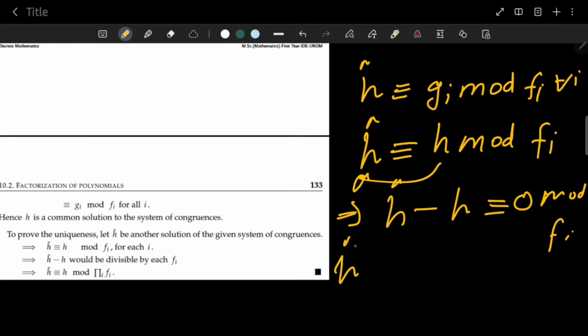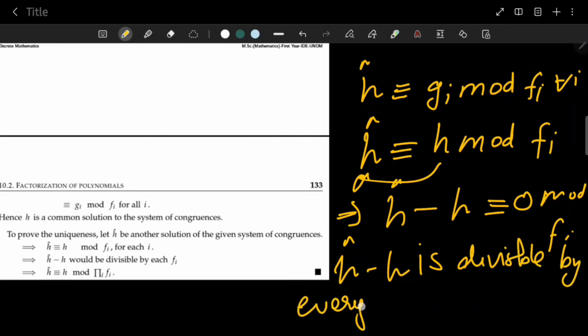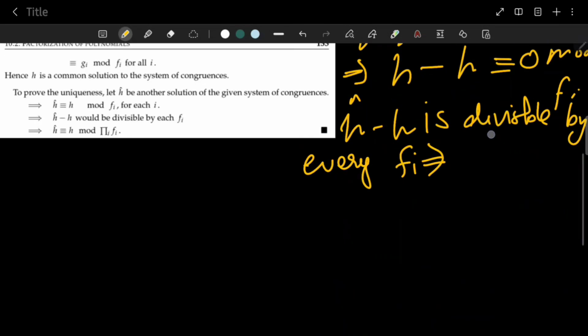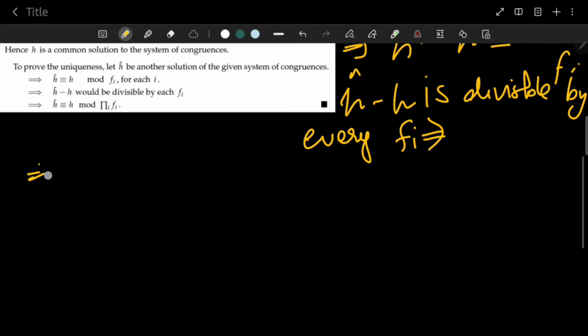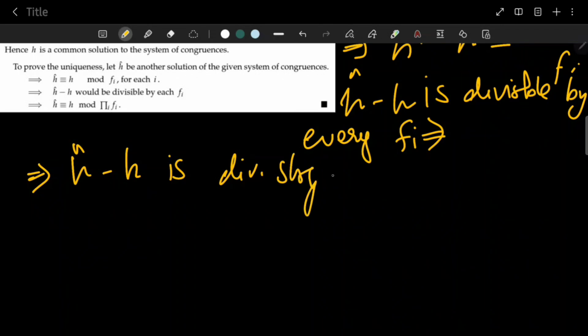So h cap minus h is divisible by every fi. This implies h cap minus h is divisible by f1, f2 and so on up to fr.